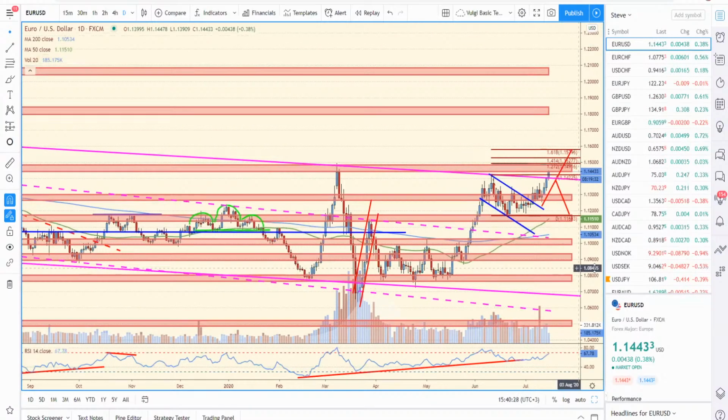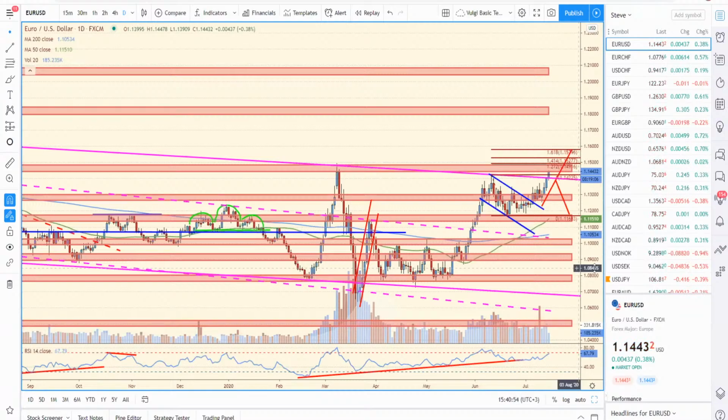Of course, tomorrow we have the ECB, and the ECB can provide the catalyst for this breakout to really accelerate to the upside, or for it to perhaps show us that it wasn't a real breakout. But even if that's the case, even if we assume that the ECB will turn the euro lower, I'm still not going to be looking for a lower low or whatever else.